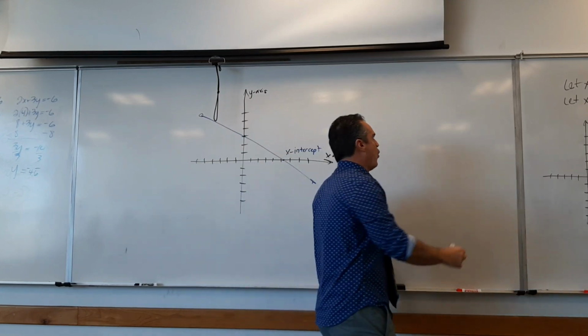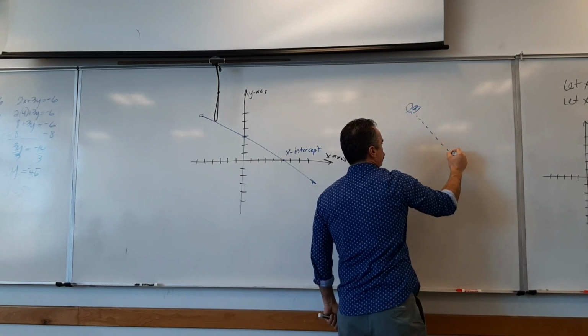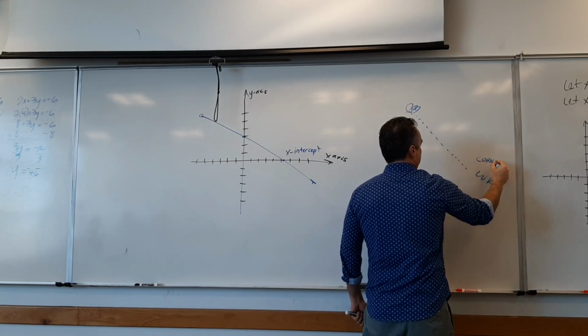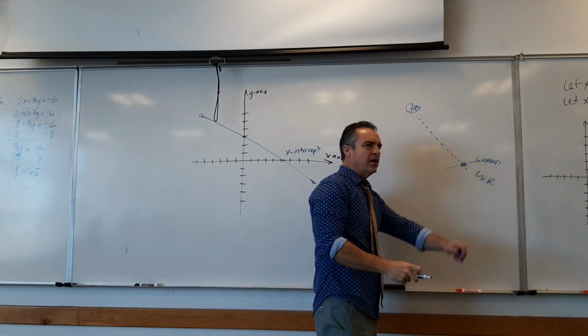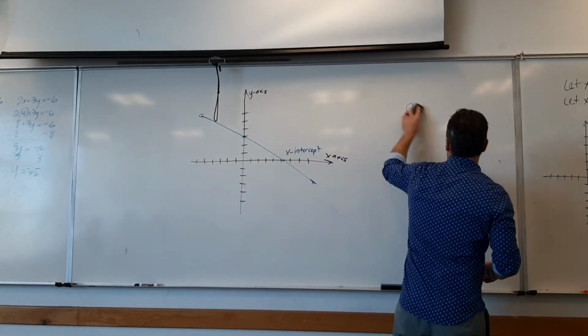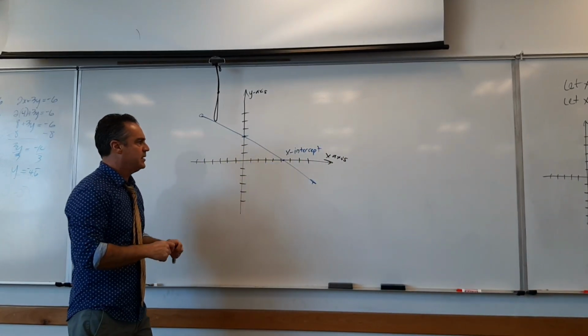So again, if we have a quarterback, and the quarterback throws the ball to their wide receiver, and the corner jumps the route right at this point and steals the ball, that's the point of interception, okay? Same kind of concept here. Our line crosses the x-axis at the x-intercept.